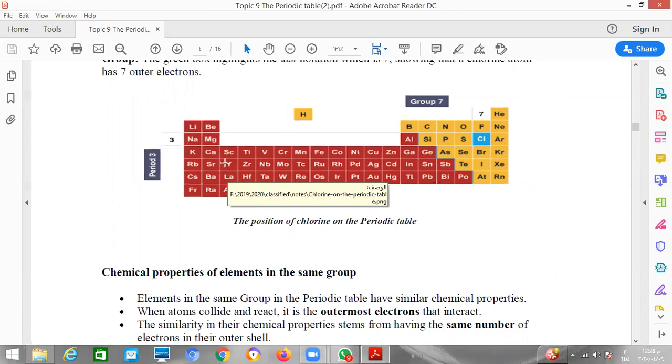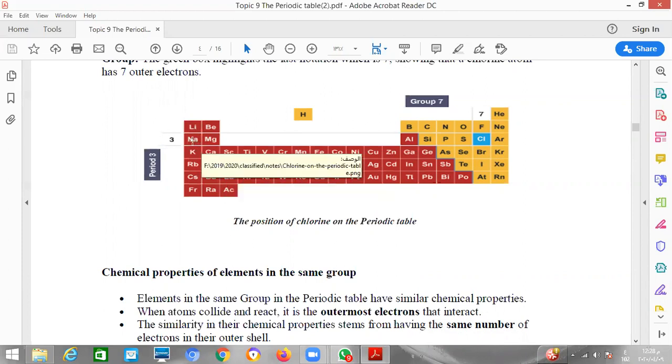For example, sodium. Mohammed Jundi, can you tell me the electronic configuration of sodium? Sodium is 11, so it will be 2, 8, 1. How many electrons in the outermost shell? 1. Yes. Potassium 19 is 2, 8, 8, 1. Also 1.